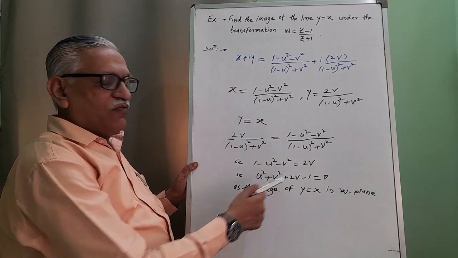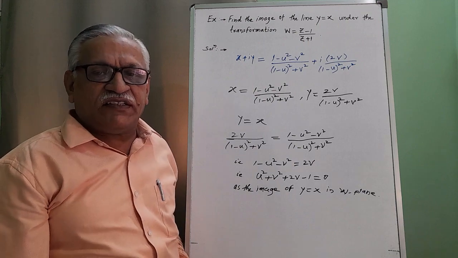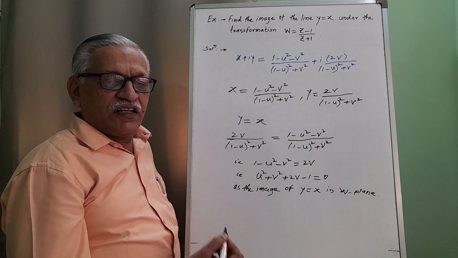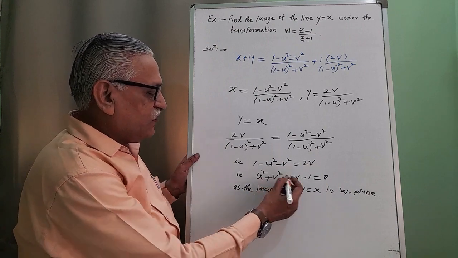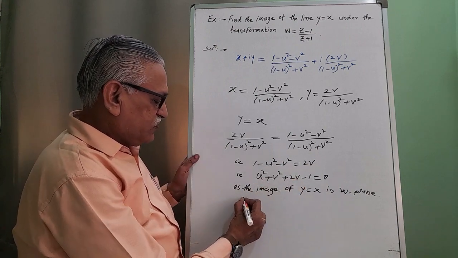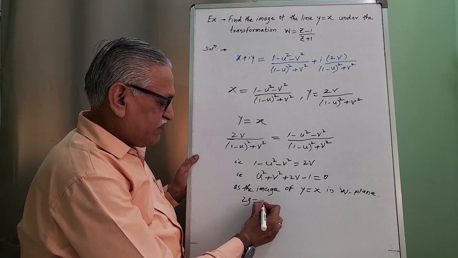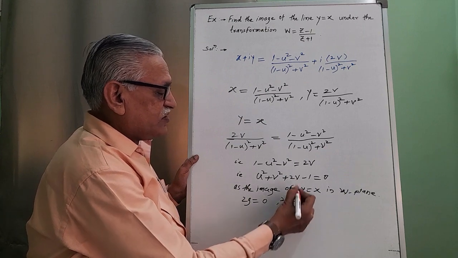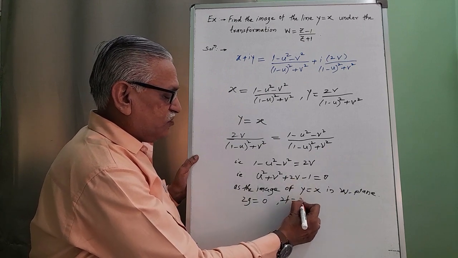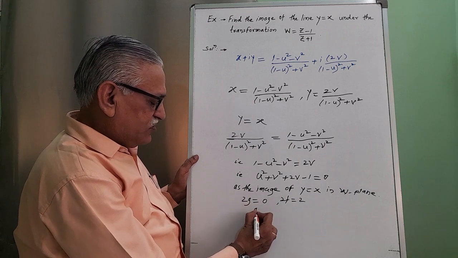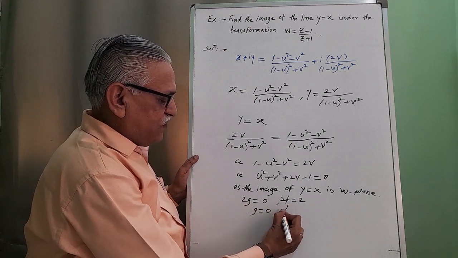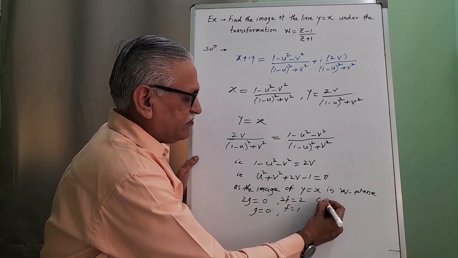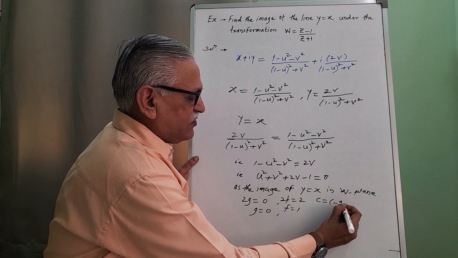And therefore, this is representing the general equation of a circle. Comparing with the general form of the equation of the circle, we get 2g is equal to 0, 2f is equal to the coefficient of v, here 2, it gives you g is equal to 0 and f is equal to 1, and therefore the center is minus g, minus f.